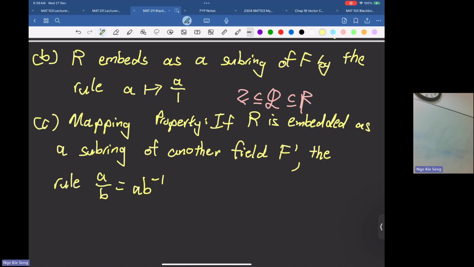Every non-zero element in the field is invertible, so B inverse exists in the field, and I can write it like this now. For example, 1 over 2: 2 in Z is not invertible, but if I embed 2 into the rationals, it's invertible. What's the inverse of 2?